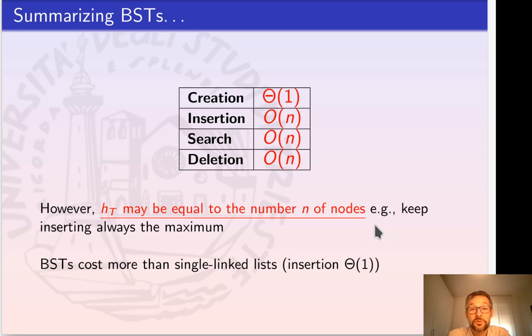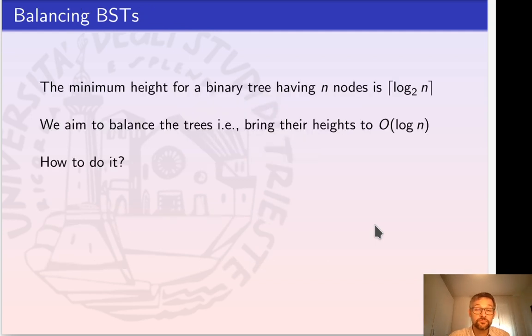And so despite the promising beginning, and despite the smart idea of having a BST property for searching inside our BST, we end up with a data structure that is not really useful. And the point is that the height of the BST can be maybe up to the number of elements in the BST itself.